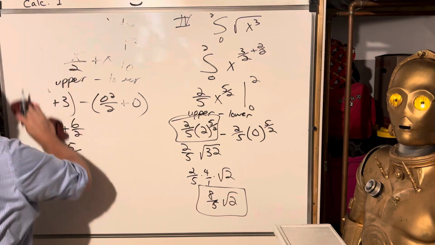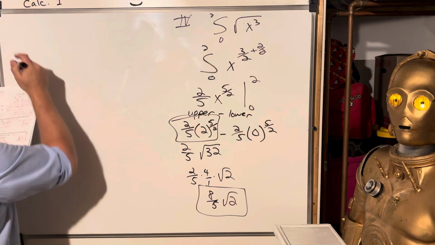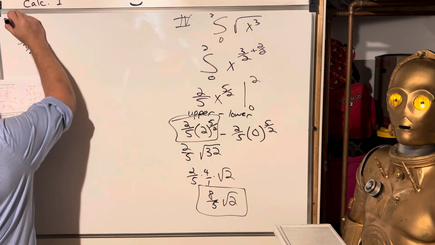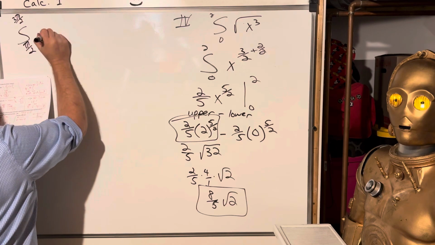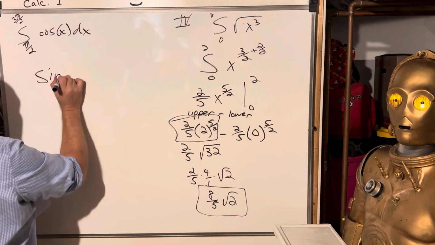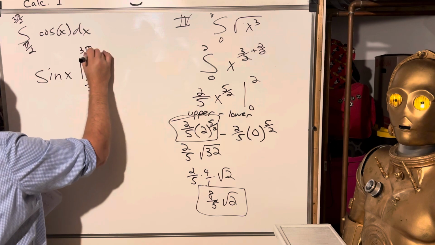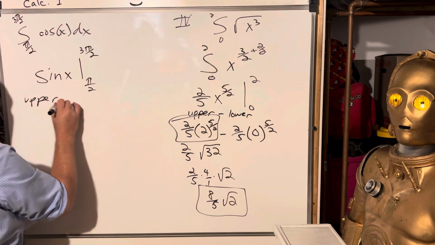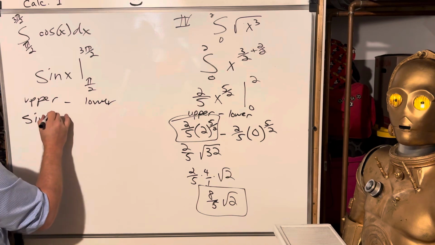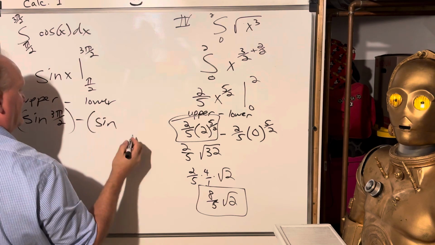All right, let's look at the next one, cosine. We just did those to death on the last page, so let's see what we've got here. From pi over 2 to 3 pi over 2, cosine of x dx. When we integrate it, it's the sine of x going from pi over 2 to 3 pi over 2, and we do upper minus lower. So we've got the sine of 3 pi over 2 minus the sine of pi over 2.